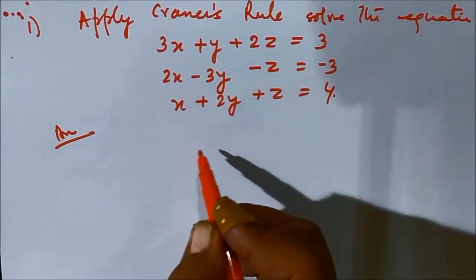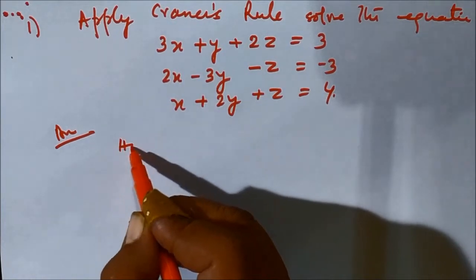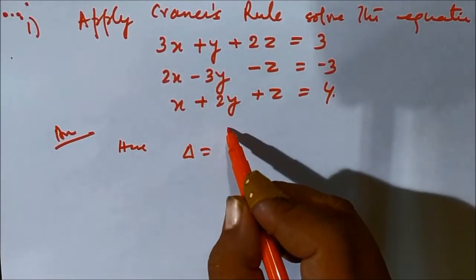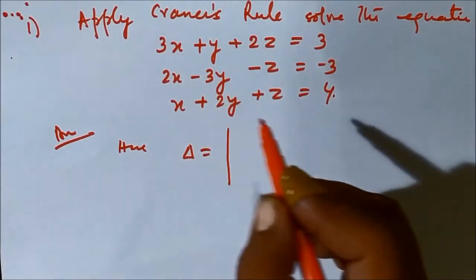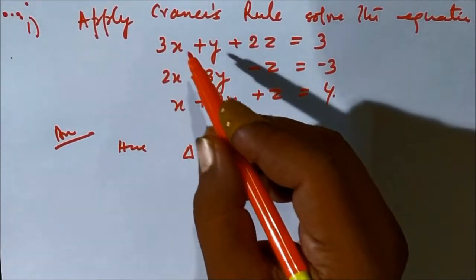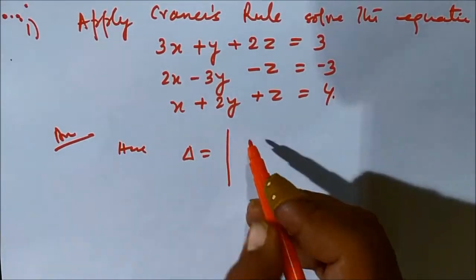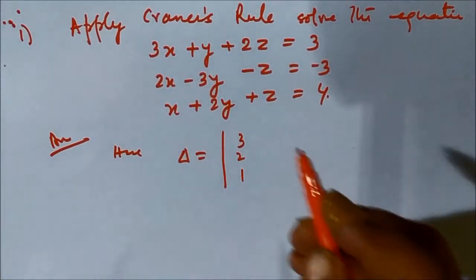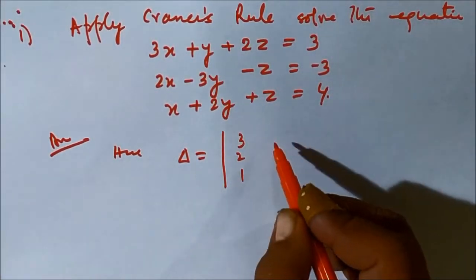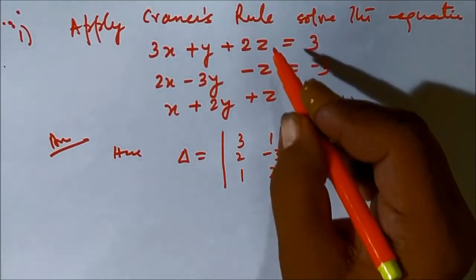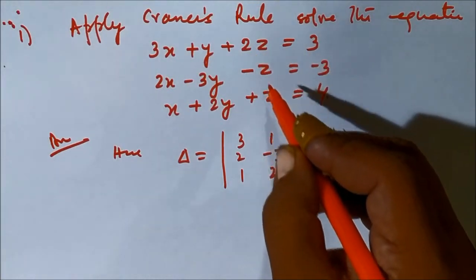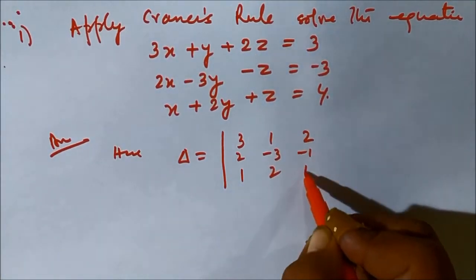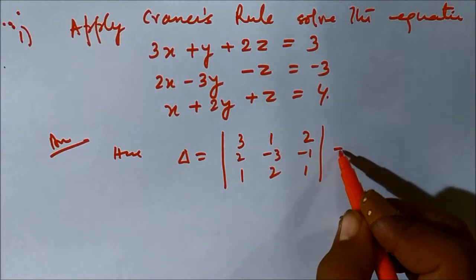Answer. Here delta is the determinant of the coefficients of x, y and z. The x coefficients are 3, 2, 1. The y coefficients are 1, -3, 2. The coefficients of z are 2, -1, 1.